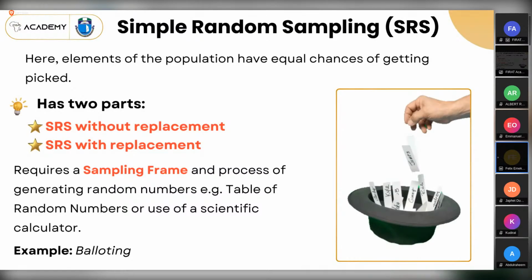But do you know that for simple random sampling with replacement, you may put participant 10 back in the bowl and shake again, and the next one you pick will still be participant 10? You call participant 10, they are not there. You put it back again and shake the bowl. So that's simple random sampling with replacement, and the other one is simple random sampling without replacement.